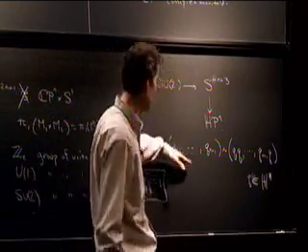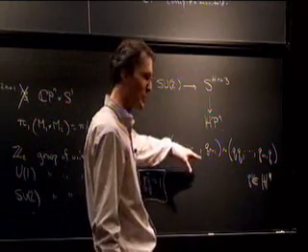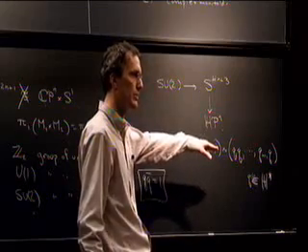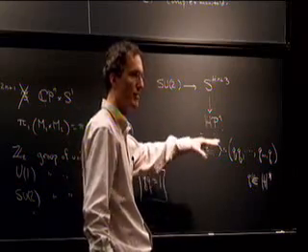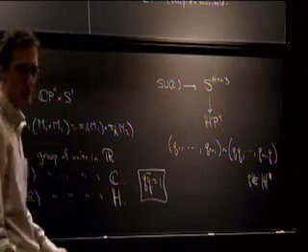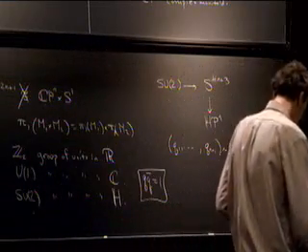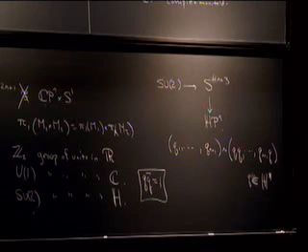Now, something funny happens here because the quaternions are not commutative. So you could define a left quaternionic projective space and a right quaternionic projective space, but they're isomorphic. Now, given that pattern, there's a natural question to ask.